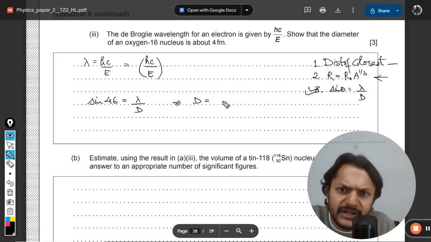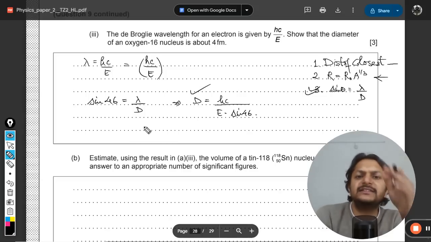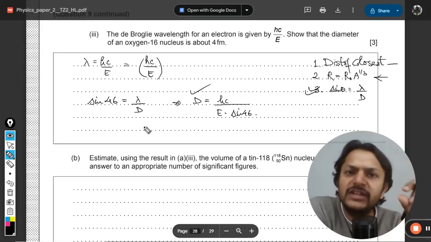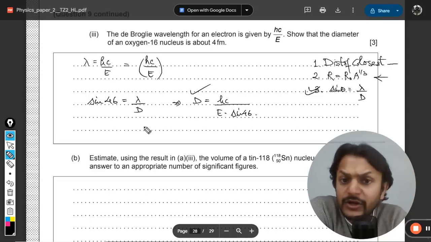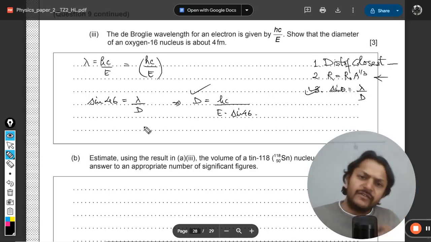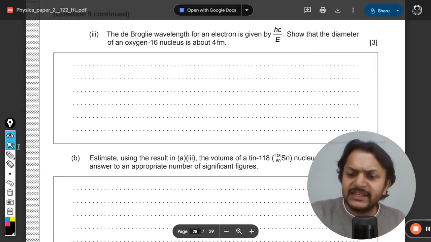Accordingly, d can be written as lambda, which is hc divided by E, and sine 46 will go into the denominator. I think this is the diameter of oxygen-16 according to the data. This should be the answer. I'm not going to calculate it now. Let's go to the mark scheme and see if they have done the same thing.